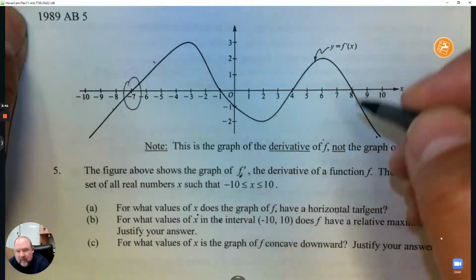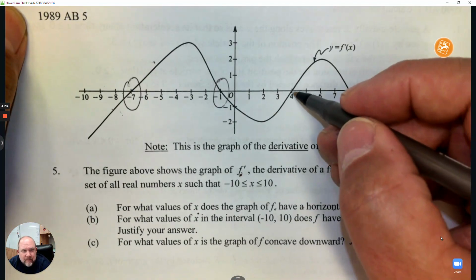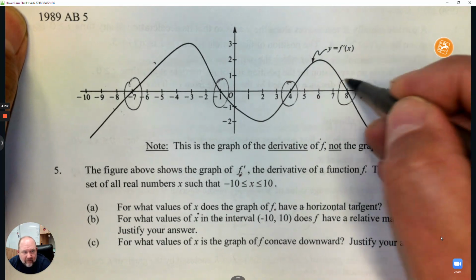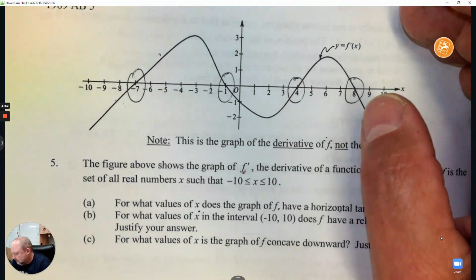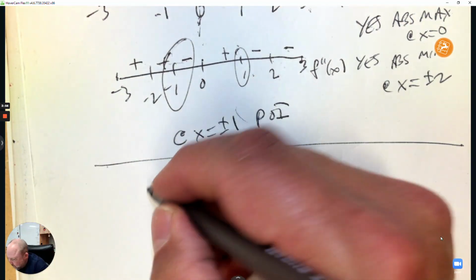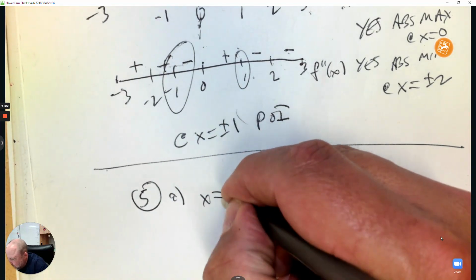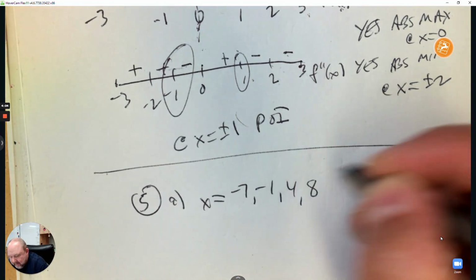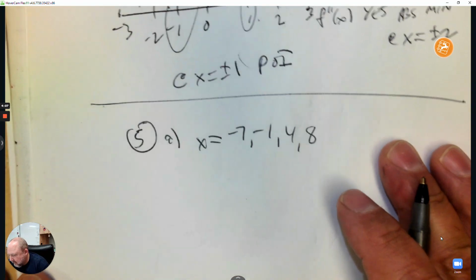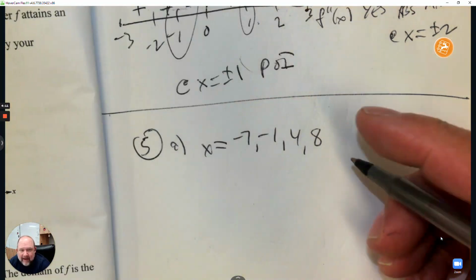So we have a turning point at -7, a turning point at -1, a turning point at 4, and a turning point at 8. So again, it was -7, -1, 4, and 8. A turning point is when the derivative is equal to 0. That gives that turning point a maximum or a minimum.